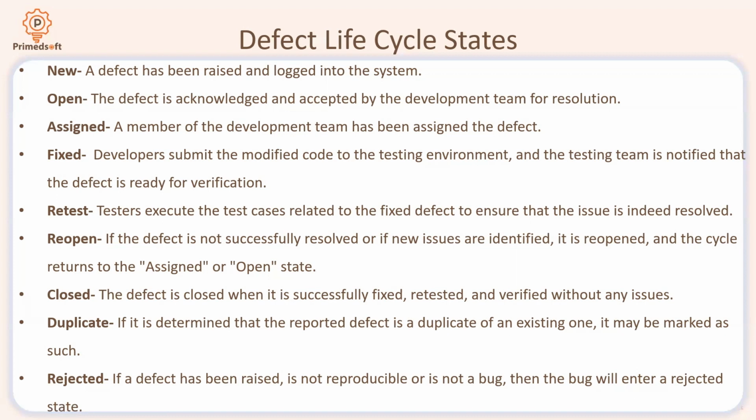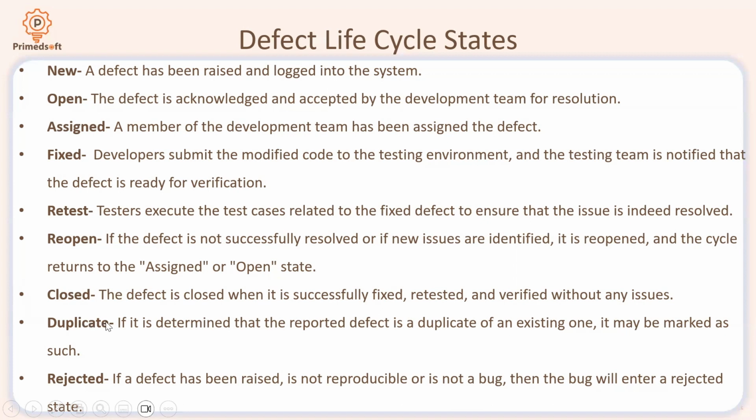If it's resolved, it goes to closed. But if the defect is not resolved, or if new issues are identified, it is reopened and the cycle returns to the assigned or open states. So at this point, the tester will test this functionality and check if everything is fine. If it's not fine, they'll reopen it. But if it's been resolved, it will be closed. We have what is called a duplicate state as well.